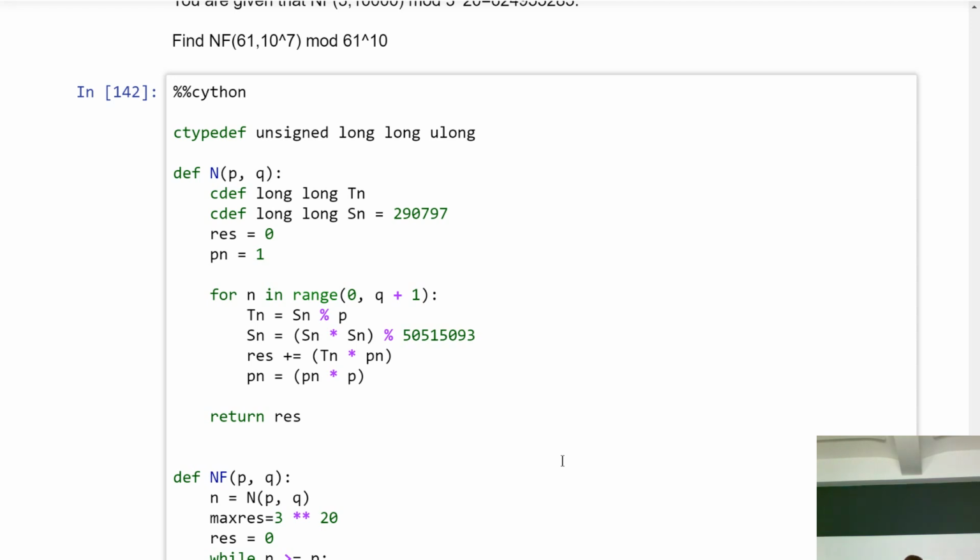I'm sure that at some point the solution will be using some logarithm because we are playing with powers, and because then we have something like NF multiplied by this other thing mod 3 to the power of 20 would equal to something.